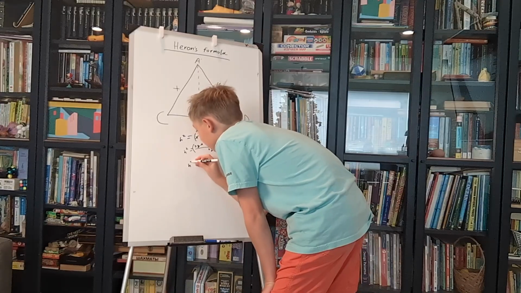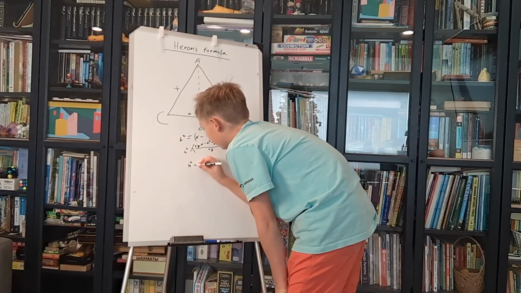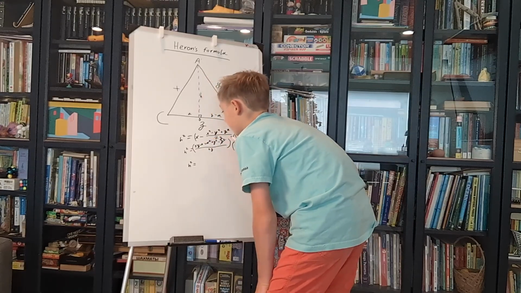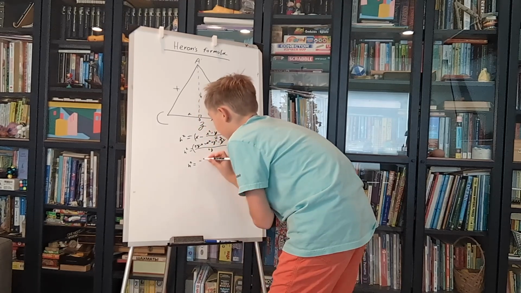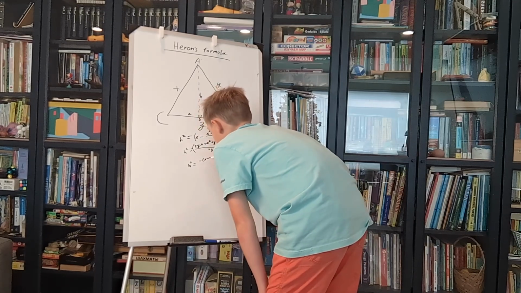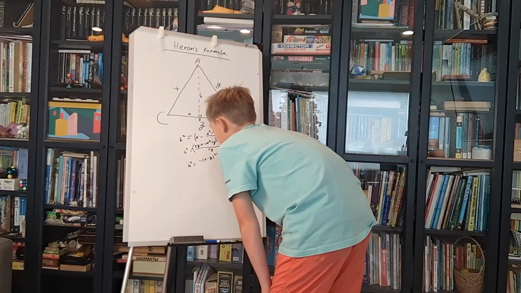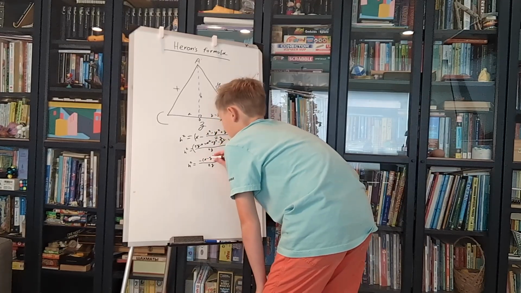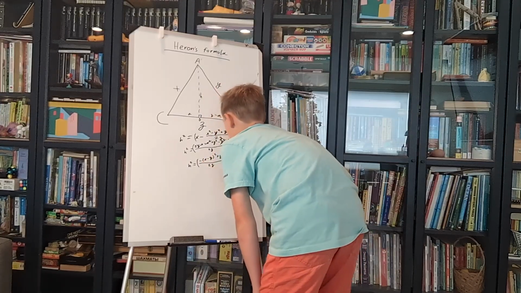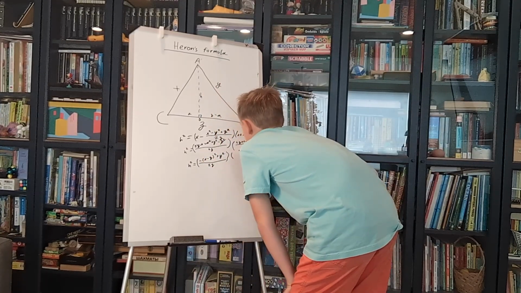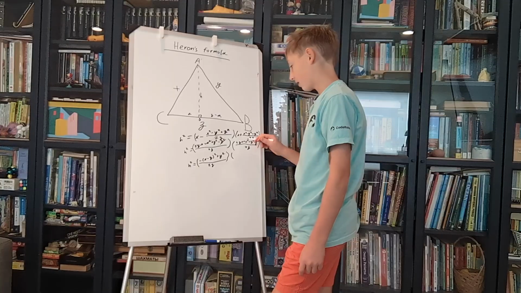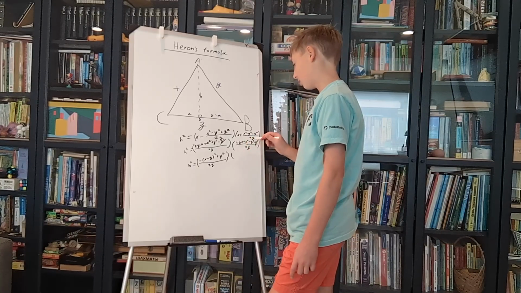So we get H squared, and then we get -X minus Z squared plus Y squared over 2Z, and all of this times, and here we see it just X squared plus 2ZX plus Z squared.